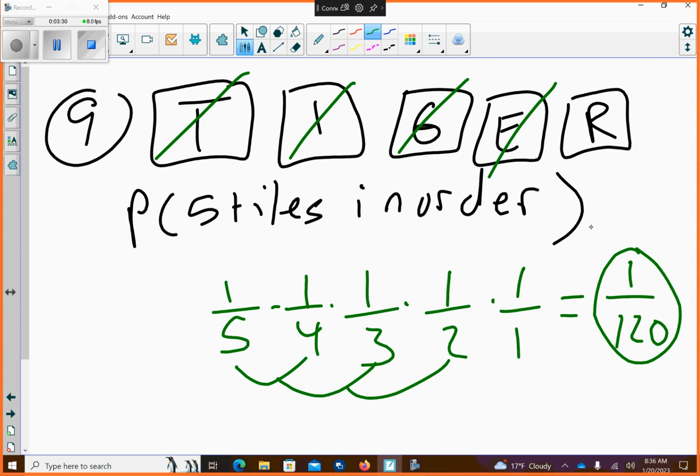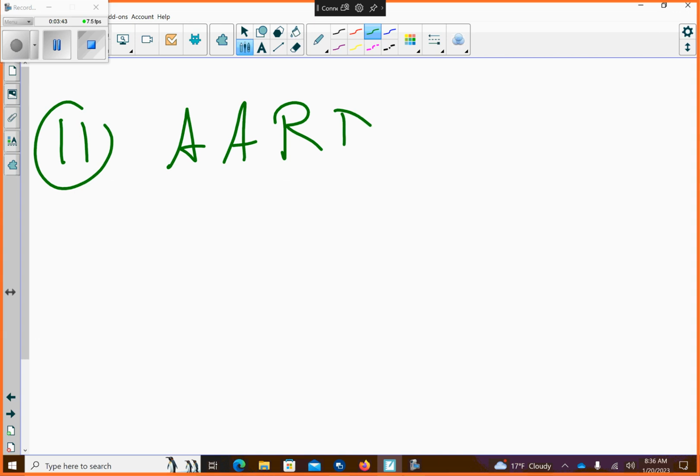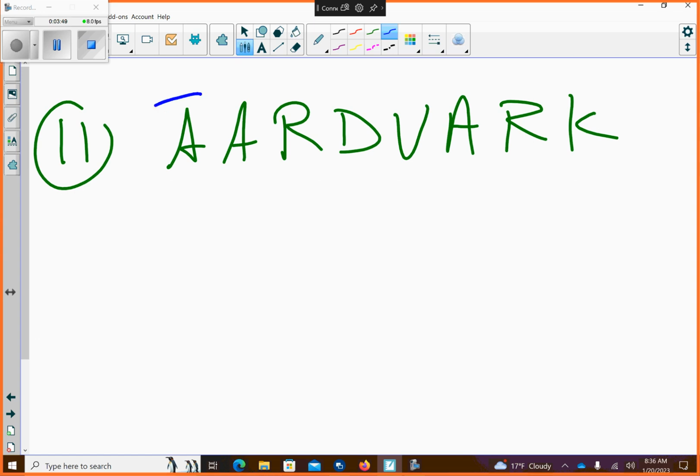Number 11. Yeah, thanks for asking about number 11. So number 11, this kind of gets goofy. Okay, so we have an A tile, an R, a D, a V, A, R, K. All right, so what we have to think about is these tiles are all the exact same size.